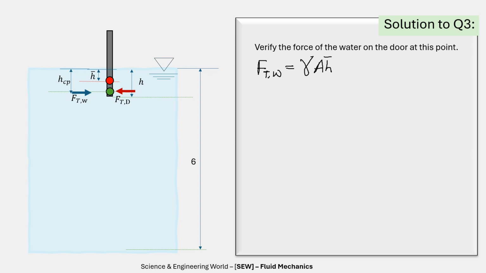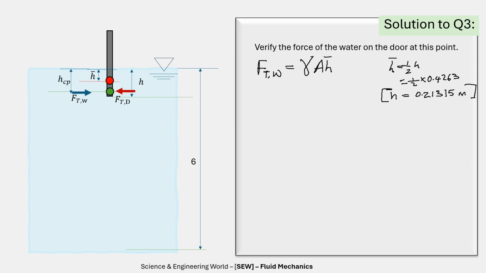H bar is half of H, which is equal to half times 0.4263. So H bar is 0.21315 meters.